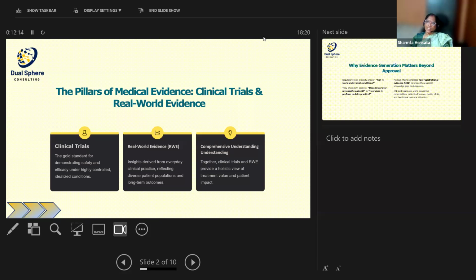Participants are carefully selected, often younger, healthier, and with fewer complicating conditions than the general population, to reduce variability. This helps researchers isolate the effect of the treatment and determine if it is both safe and effective in those specific circumstances.